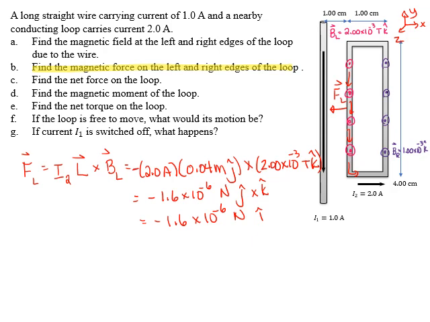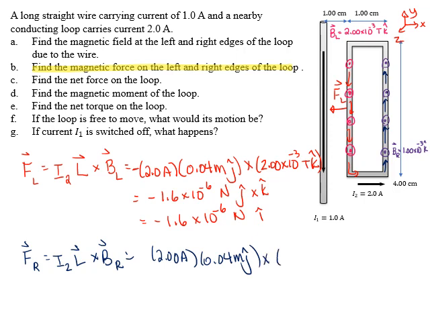Now let's do our F on the right-hand side. F on the right equals I2, the current in the loop, times L cross B of the right. The current is 2 amps. Our L is 4 centimeters. This time, we know that L is the same direction as the current. This time it points up. That's the positive j direction.